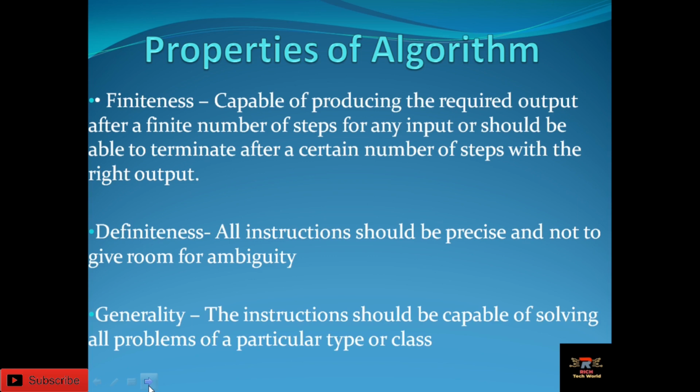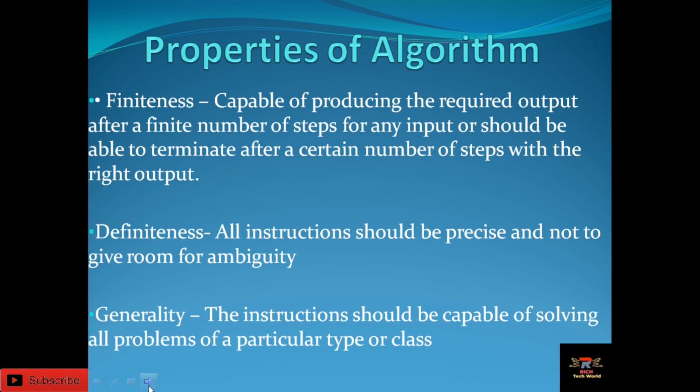The next one, which is really important, is the generality of your algorithm. The instructions should be capable of solving all problems of a particular type or class. So for instance, if you are writing an algorithm which is going to find the factorial of a given number, it should be able to do so in the sense that whenever it's given any number at all, it will be able to find its factorial.